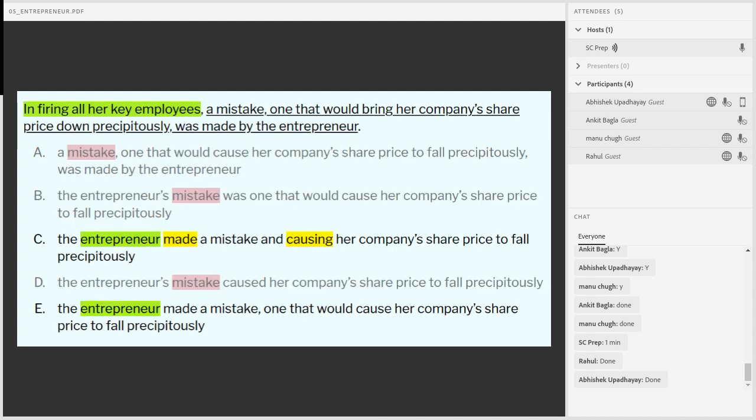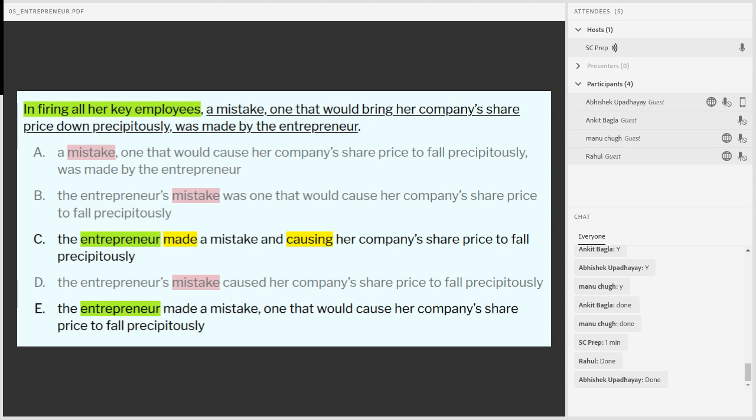So the good news is that 3 options go out immediately. And then it's just straightforward parallelism. "She made a mistake and causing." When we see "and," it's got to join similar elements. Made is a verb, and we know that causing is an ing. INGs are never verbs on their own. So we would have liked to see verb parallelism.